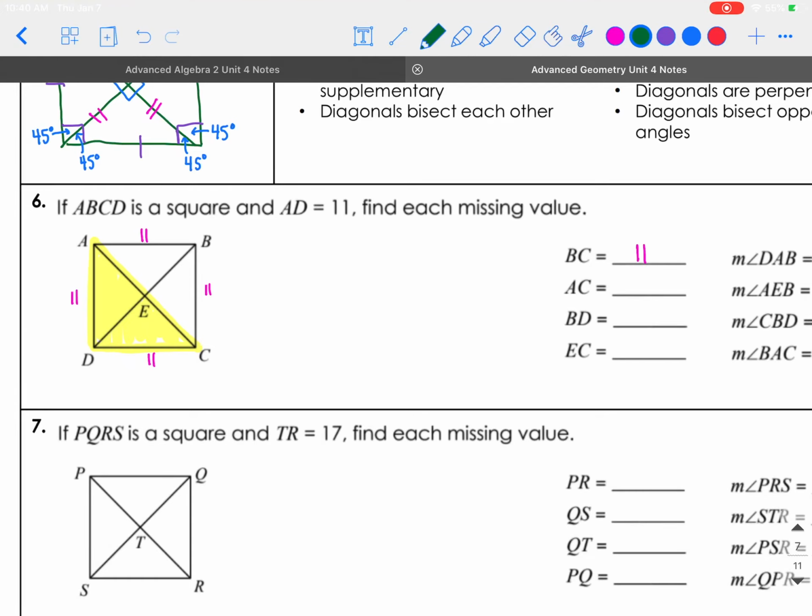Let's do Pythagorean theorem to find AC. 11 squared plus 11 squared equals, let's just call that C squared. 11 squared and 11 squared is 242. And then if I take the square root of that, I get 15.6. So the entire AC is 15.6, which means that each one of these little guys is 7.8.